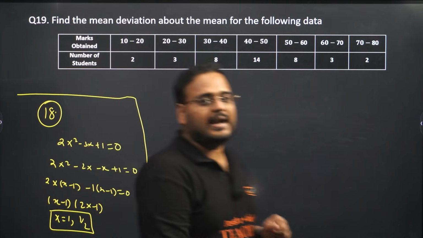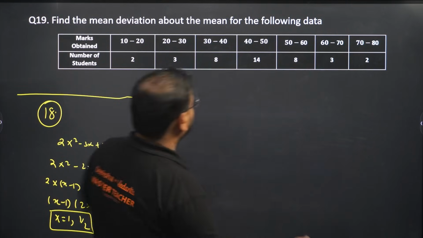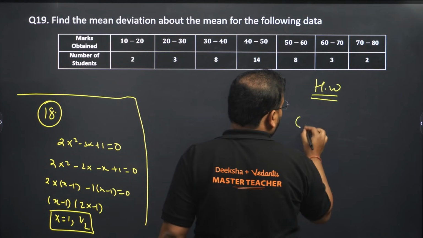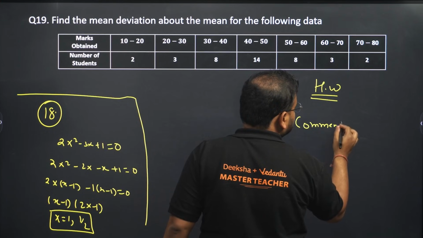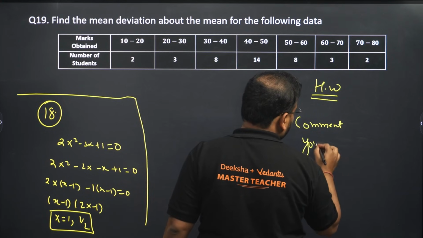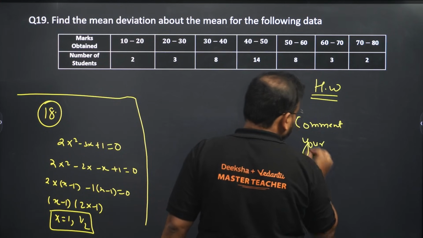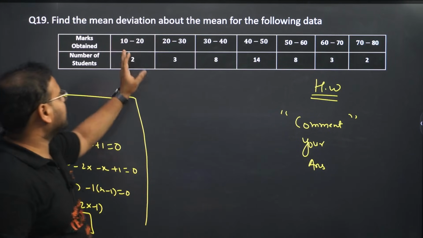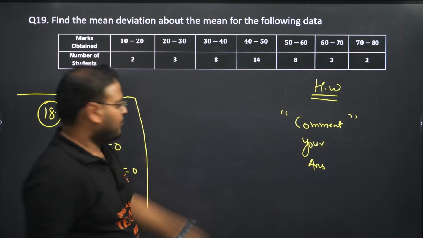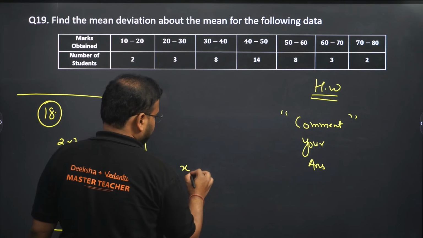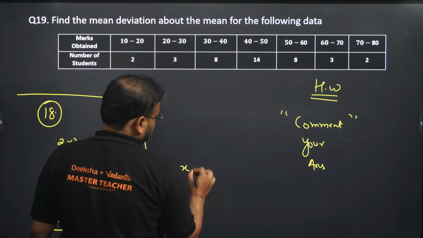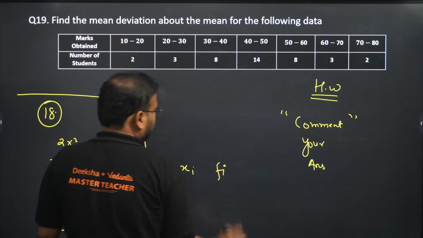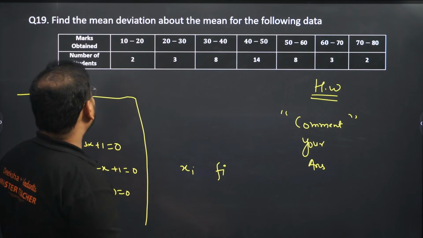Now question number 19. This question is your homework, dear. You have to comment the answer for this. Comment your answer for the question number 19. Same approach, class intervals are given. So xi, you have to find xi, you have to also find fi, and find the mean first.